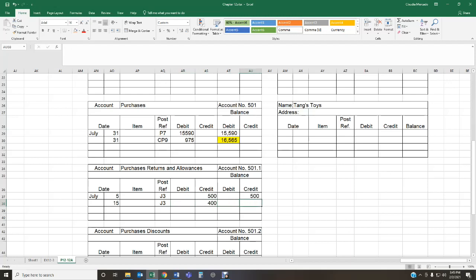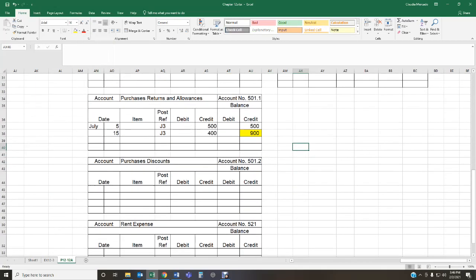So I'm going to have a 500 credit plus the 400 credit. That's going to give me a 900 credit. It's very time consuming, being able to locate the information from the different journals to transfer to their ledgers. So that is for purchases, returns, and allowances, 900 credit.